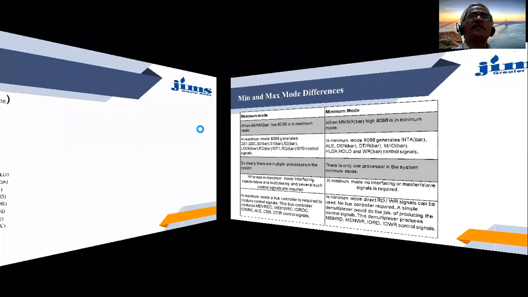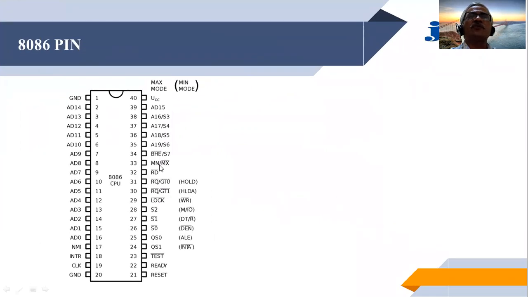When you look back at the pin diagram, you have a pin, that is pin number 33, which is written as MN/MX bar. And we know when a signal is complemented, that is low activated. So that means when you apply a high logic here on pin number 33, 8086 will operate in the minimum mode.